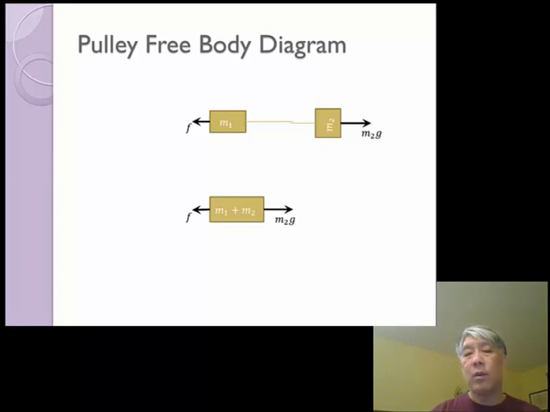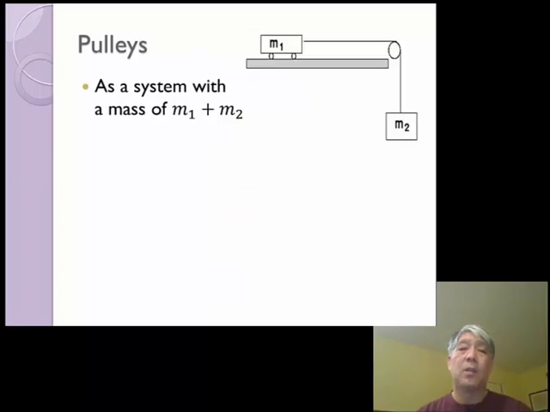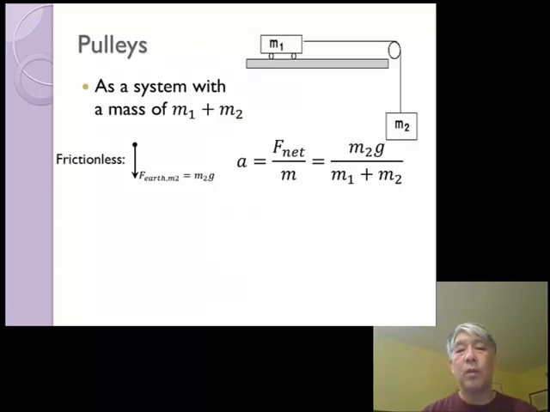So I can now combine those two masses, M1 and M2, and there are two forces, one to the right and one to the left. This is a very simple problem where if I wanted to calculate the acceleration, I can do that with M2g being a force on one side, friction on the other side, so it'll be negative, over the total mass of M1 plus M2.